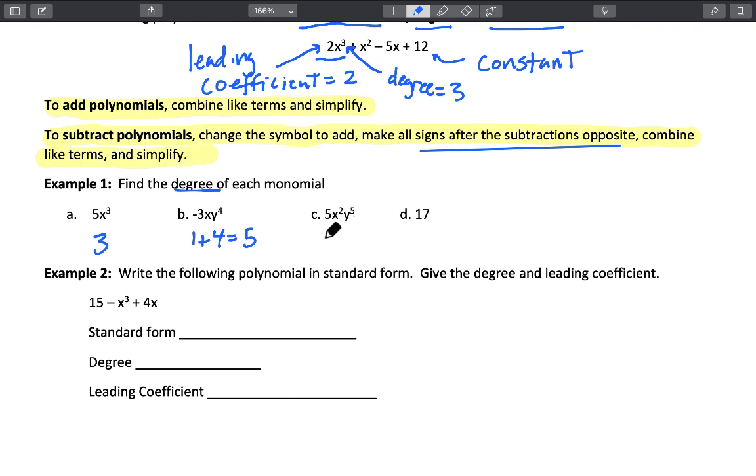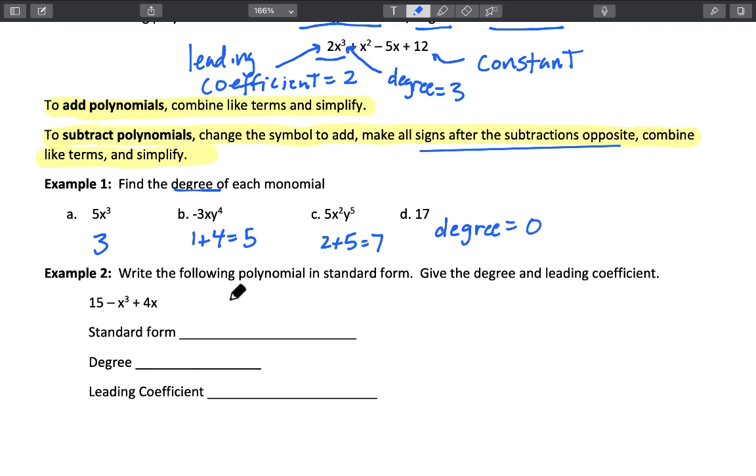In letter C, we have x squared and a y to the fifth, so we're adding those degrees. The degree of that monomial is 7. And finally, the degree of this last monomial is a constant. Remember, constants have degree that's equal to 0.